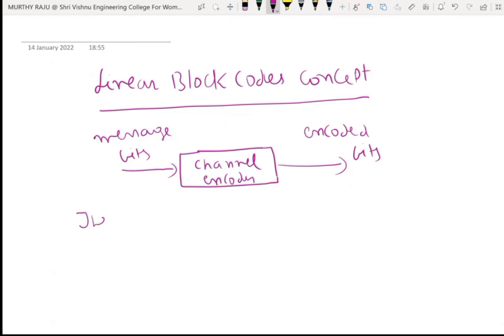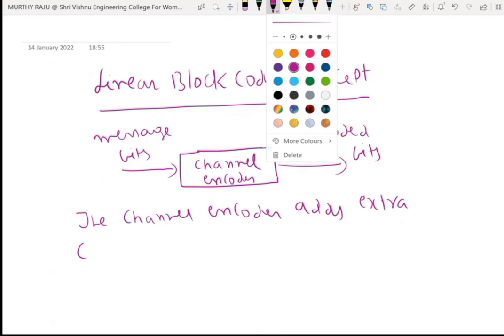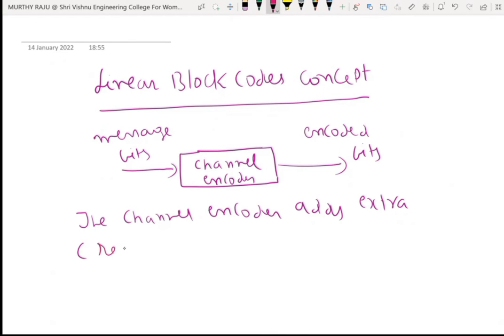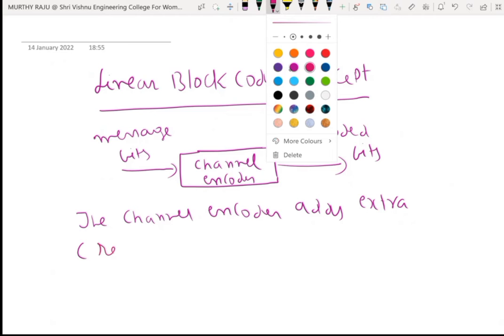The channel encoder adds extra bits. Extra, that means redundancy bits to the message bits.